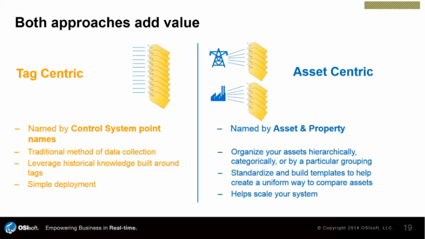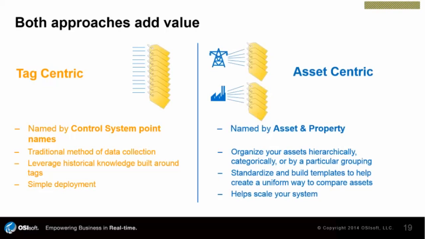So what does that really mean? What that means is that we're encouraging our users to think of their data not as control system points, but rather properties that are associated with assets. And these assets can be logical ones, or it could be physical assets.